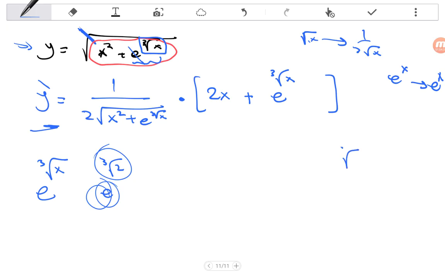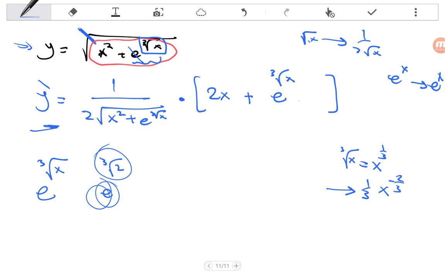Now I have the cubic root of x. What is cubic root of x? It is x power 1 over 3. So in this case, what will be the derivative? I will take the power down. It will be 1 over 3 times x. I will subtract 1 from the power. It would be negative 2 over 3.